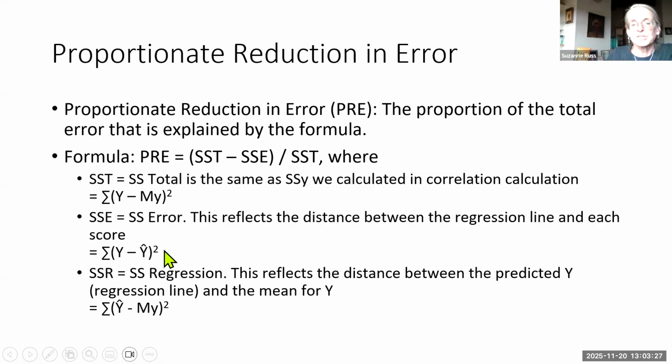We square it for each individual and sum it up. We get SSE, or SS error. And then SSR, or SS regression, is the distance between the predicted Y and the mean for Y. In other words, the sum of Y hat minus the mean for Y, squared. And these are our three calculations.